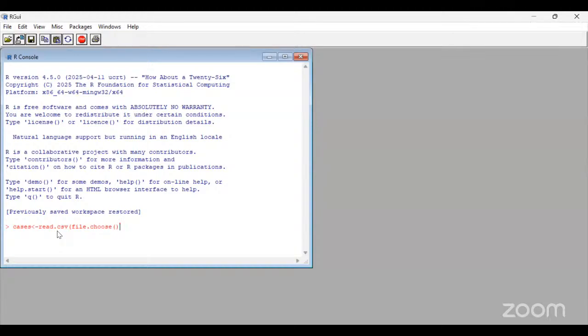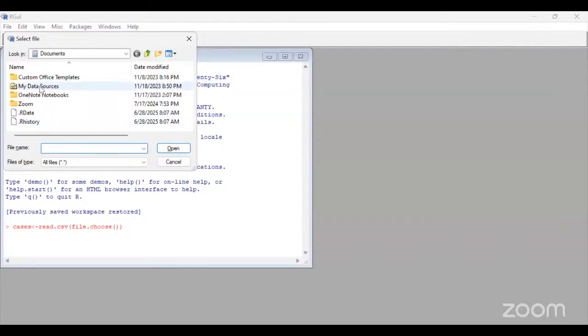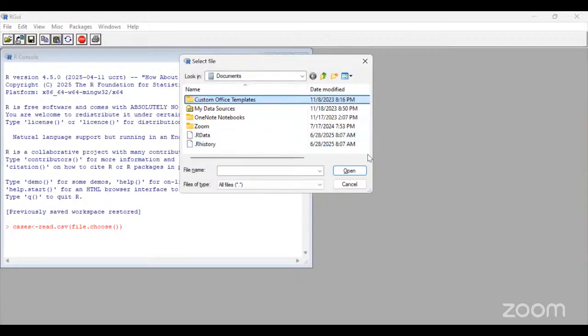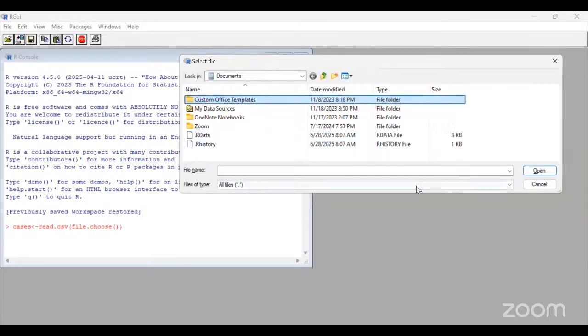Now close another bracket, enter. Choose where it is. Did you put it on the desktop? Yeah, the desktop.